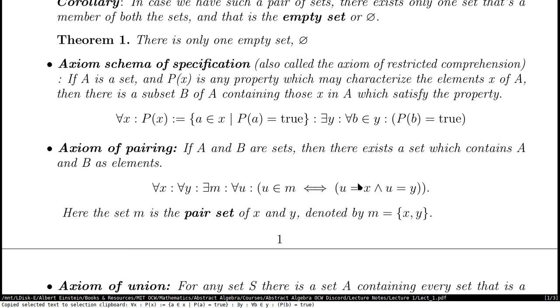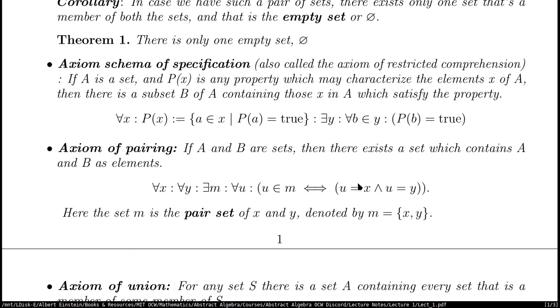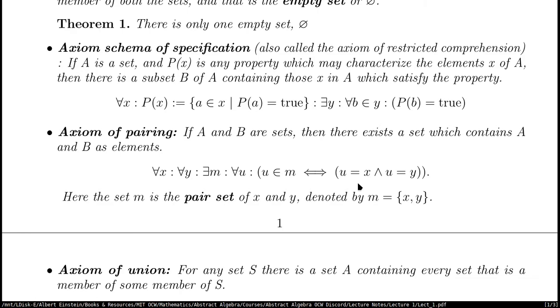So that was the restricted comprehension axiom. Then we have the axiom of pairing. This is important, especially since a direct result is the Cartesian product, if you know about it, except that's a very special case, an ordered pair, whereas this is just any arbitrary pair.